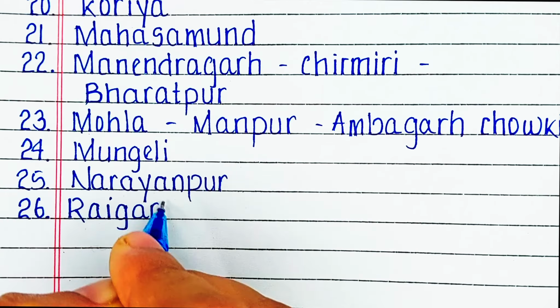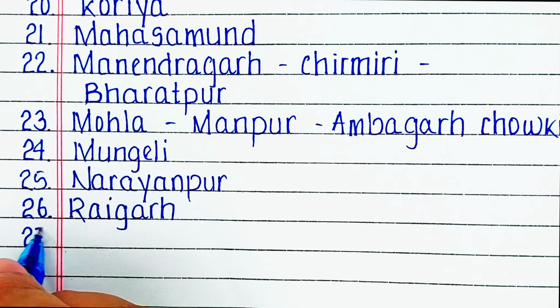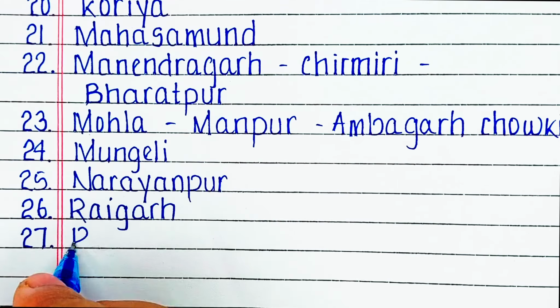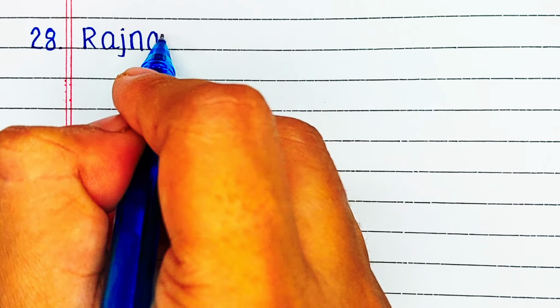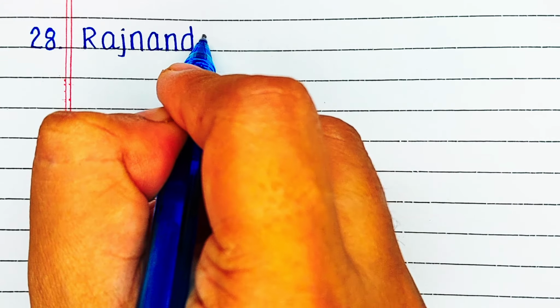Next district is Raigad. Next is Raipur. Next district is Rajnandgaon.